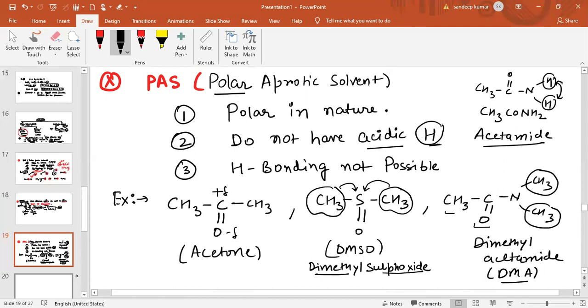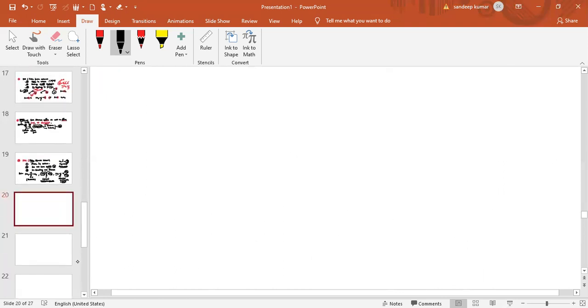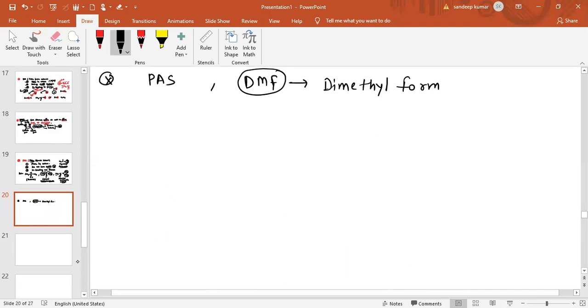See another polar aprotic solvent, which is DMF. What is DMF? DMF is basically dimethyl formamide. First, we will discuss formamide. Form means one carbon. In the amide, there is only one carbon.